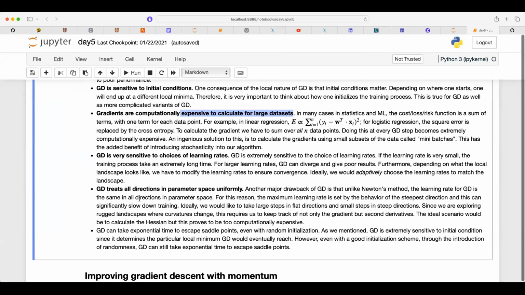So if you have 100 values of beta you want to optimize, you're going to get the same gamma or learning rate value for all the gradients. Some of the gradients can be smaller, some of them can be larger, but they are multiplied by the same factor. And that can often lead to very slow convergence.